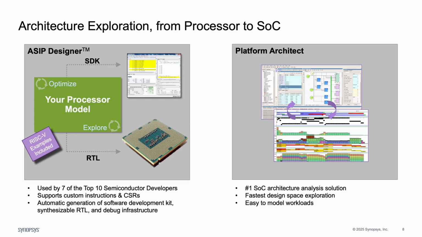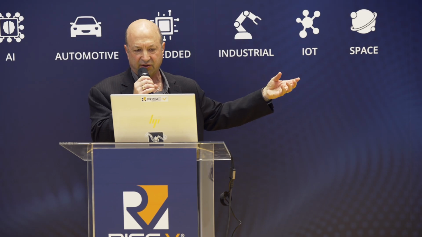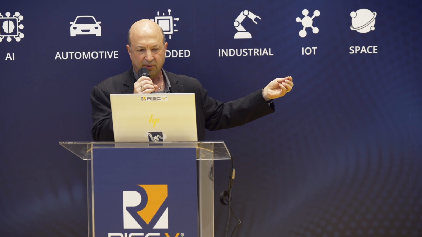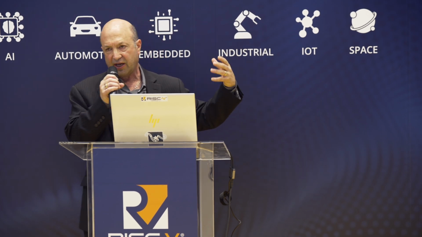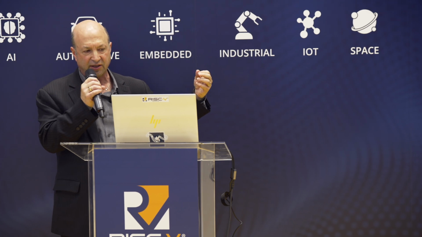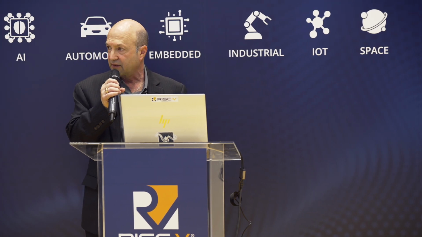I mentioned before that we have two tools for architecture exploration. One is the ASIP Designer tool, the other is Platform Architect. ASIP Designer provides a methodology for inputting the details of your RISC-V processor, the coprocessor, the accelerator that you're going to be building. And from that description of the processor, it outputs the RTL.